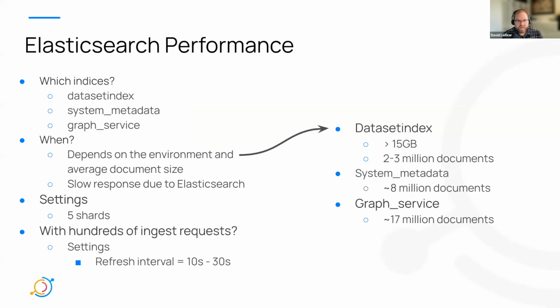The top 3 indices, depending on your environment, will most likely be data sets, system metadata, and the graph service indexes. And there are essentially rules of thumb that you would apply. In general, you can take a look at your indices and see, for example, that you've got an index that is 40 gigs.